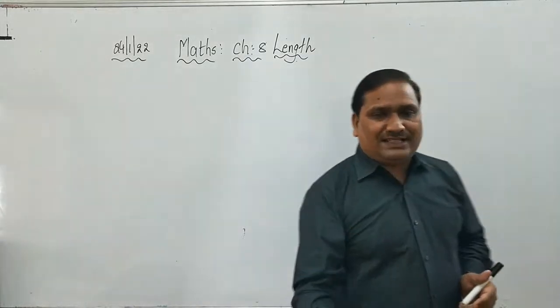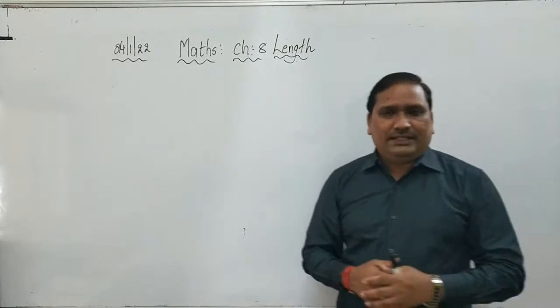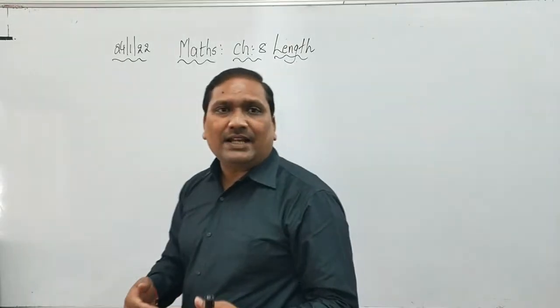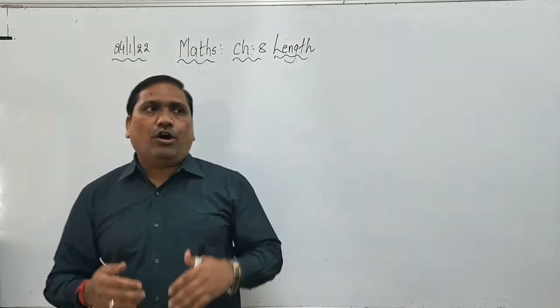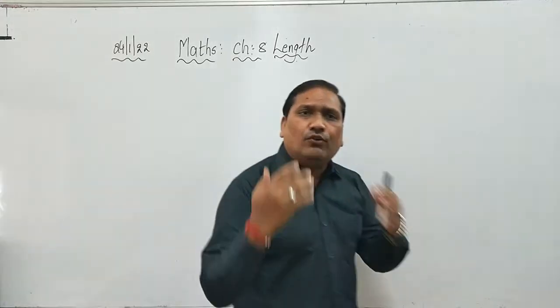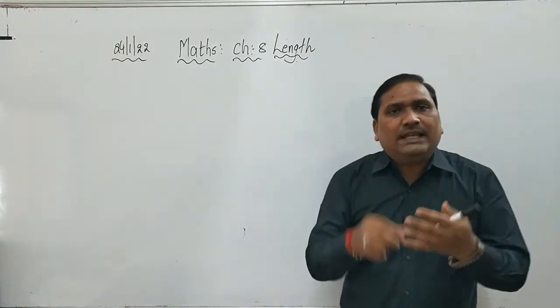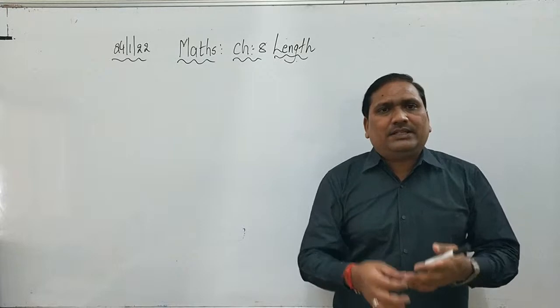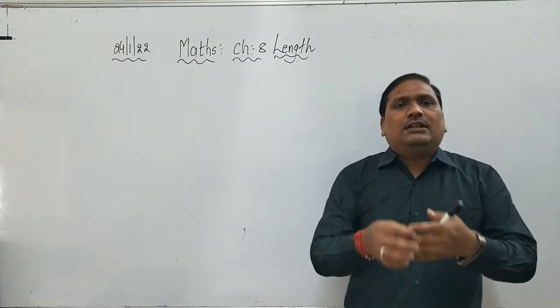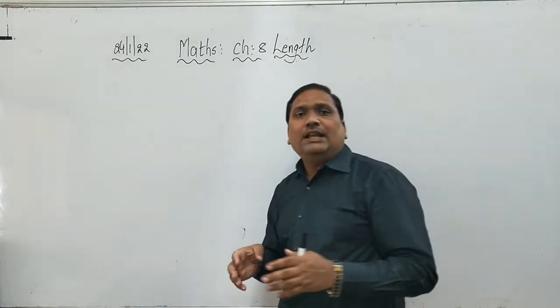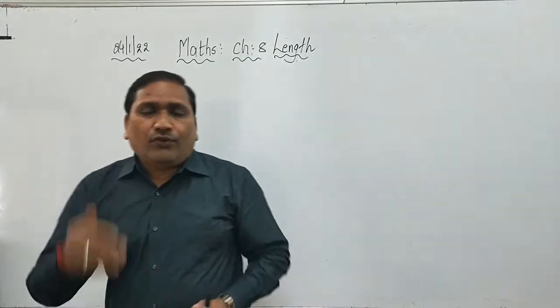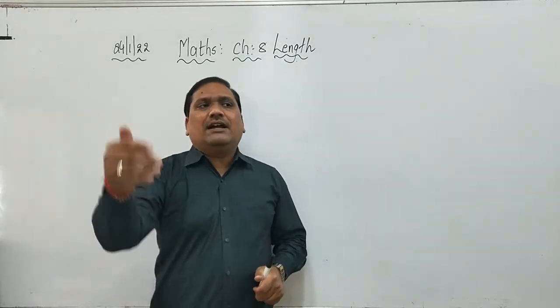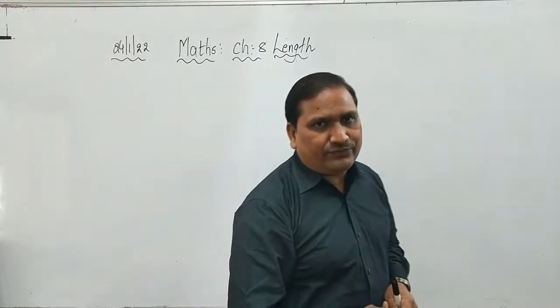These 4 units are familiar and more in use. One is millimeter, one is centimeter, then meter, and the bigger one is kilometer. These 4 units we use in our day-to-day life.